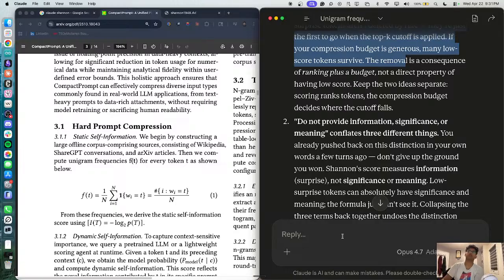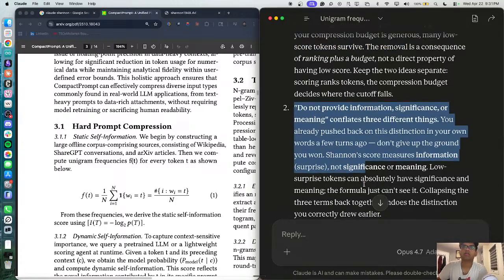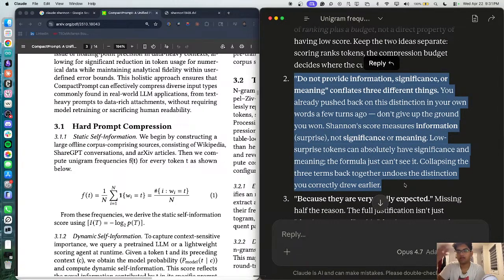Okay, fair. So this one is talking more about the actual understanding of why this is happening, and I shouldn't be conflating a low information token with the fact that it does not provide any meaning, because information in the sense that I'm talking about is basically how rare that token is, right?